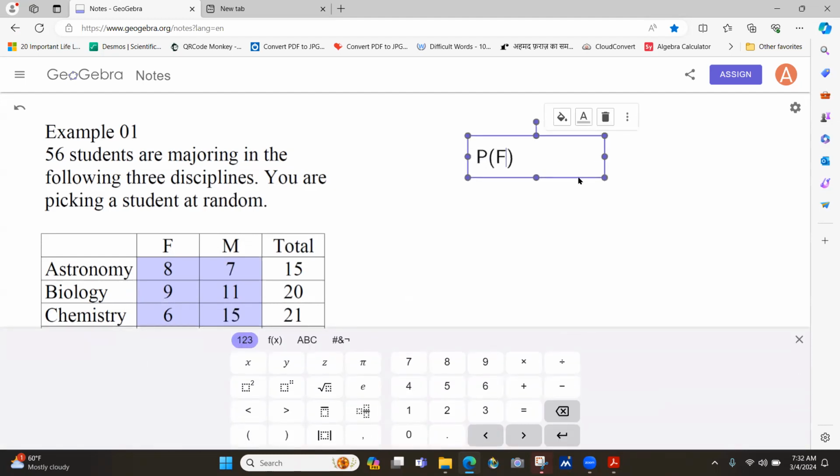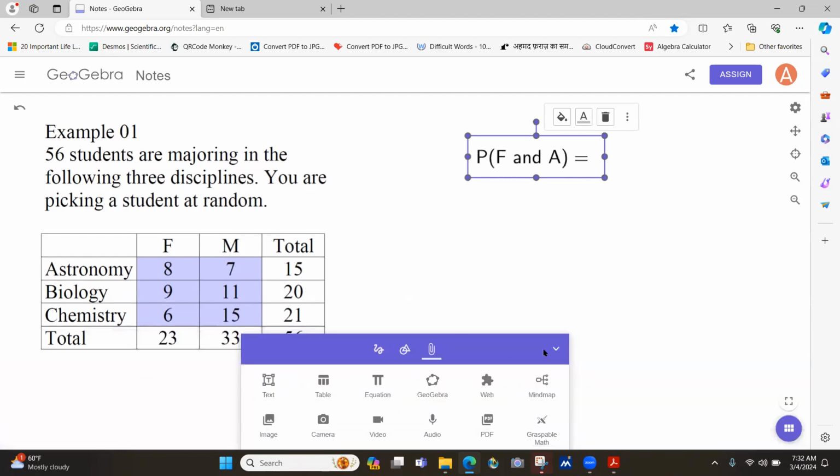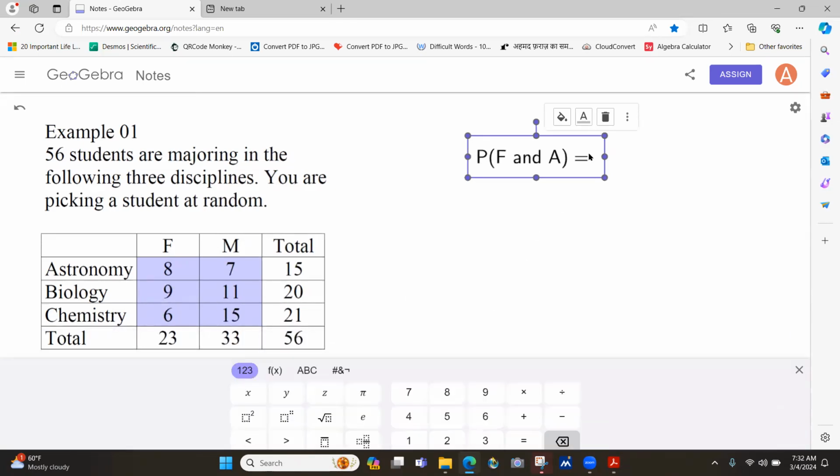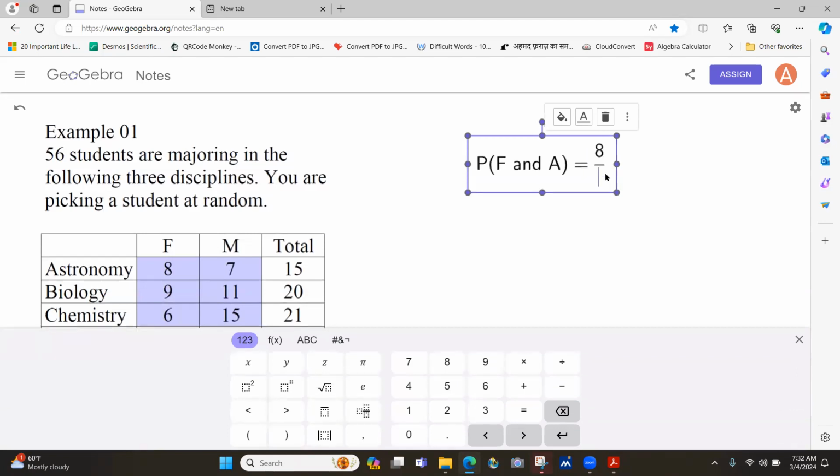There are 8 female astronomy majors out of 56, so the answer will be 8 over 56, which is 4 over 28, 2 over 14, and even better, 1/7.